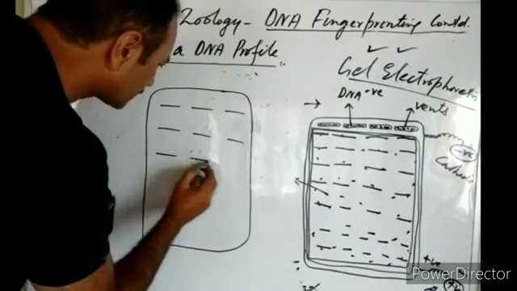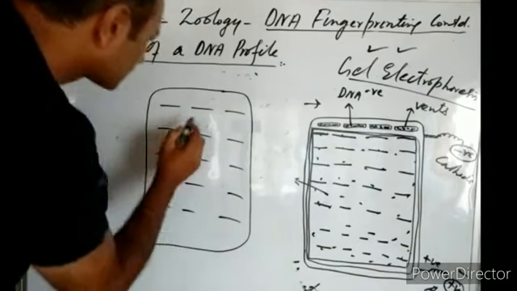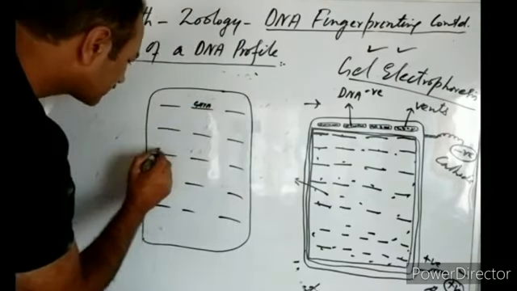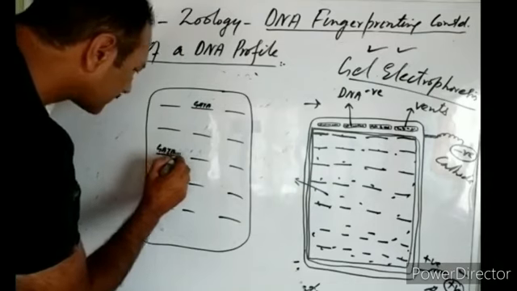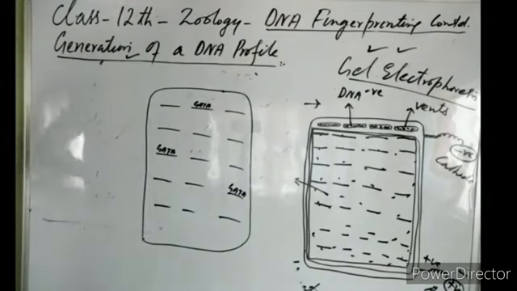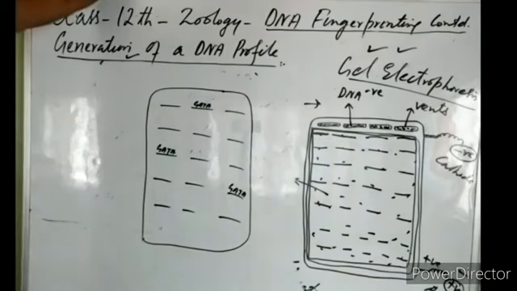We have cut it into single strands. Suppose this strand has GATA sequence on it, this strand has GATA sequence on it, and this strand has GATA sequence on it, right? We want to know where these GATA sequences are. Since we cannot see them by our eyes, and we cannot visualize them under a microscope, how can we know where the GATA sequence is?